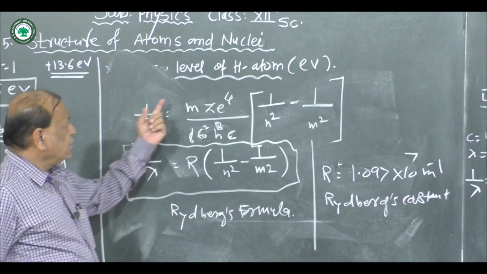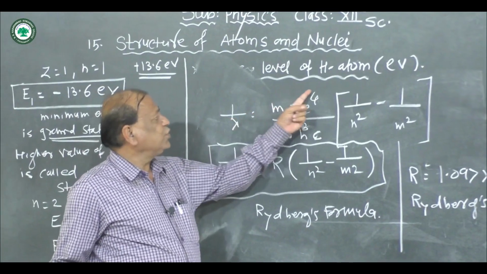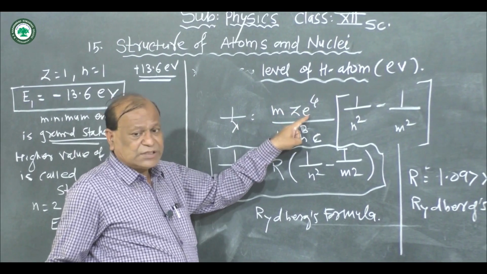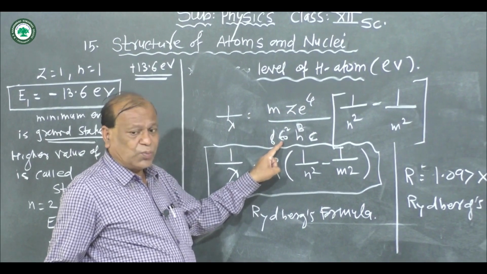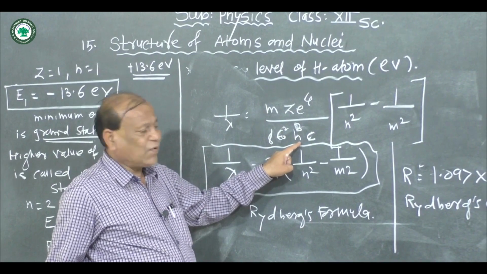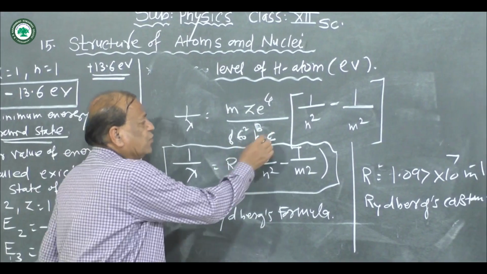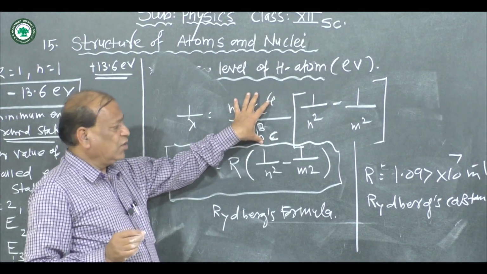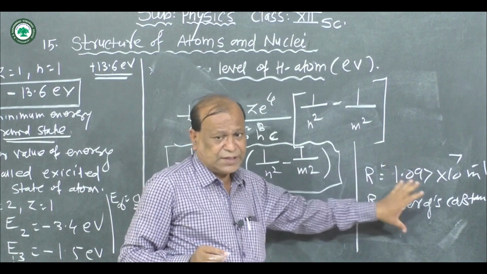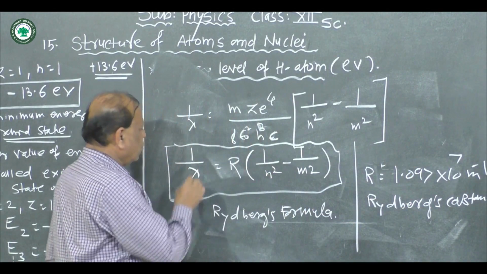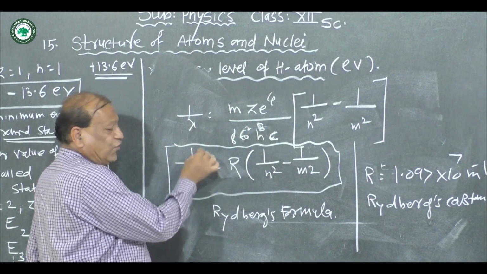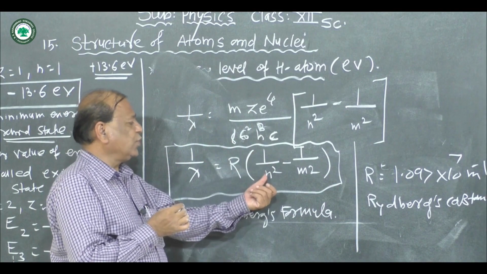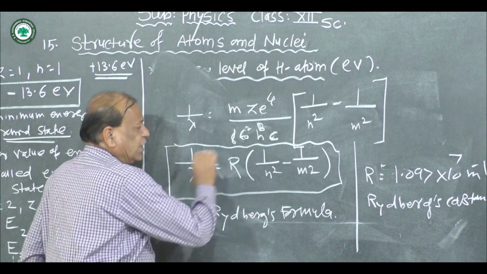This value is calculated from the formula using the mass of the electron, atomic number, charge on the electron, epsilon 0 permittivity, h the Planck's constant, and c the velocity of light. Putting these values in this formula, we get R, Rydberg's constant. And now 1 upon lambda, the wave number, is equal to R into 1 upon n square minus 1 upon m square.